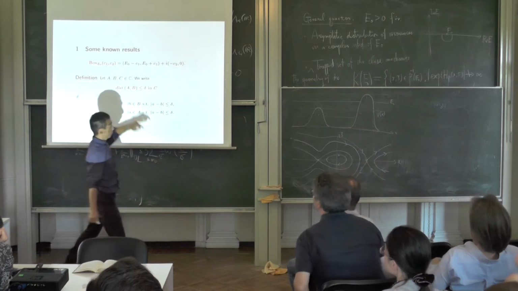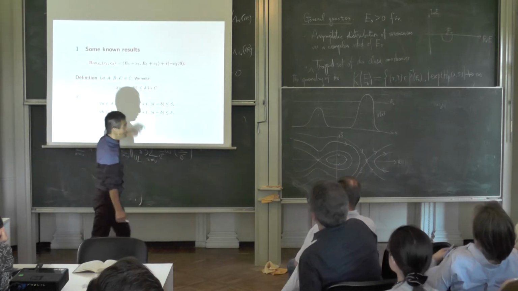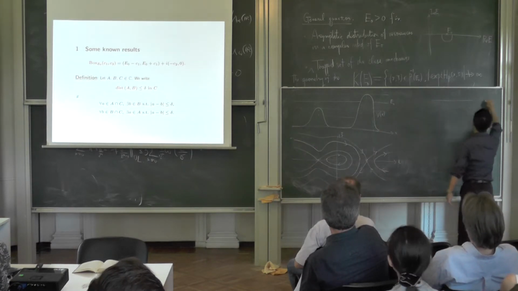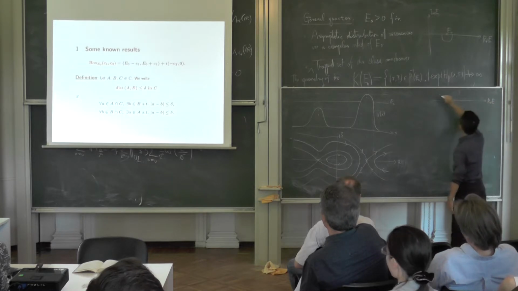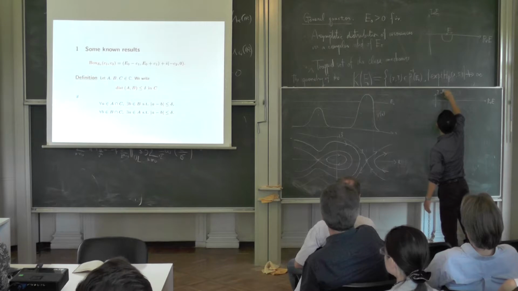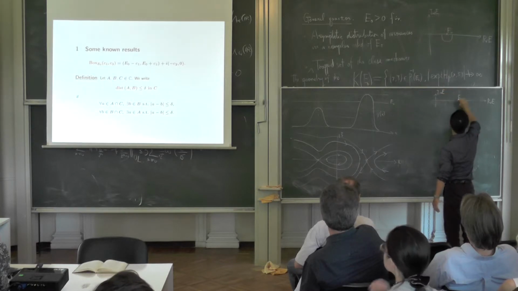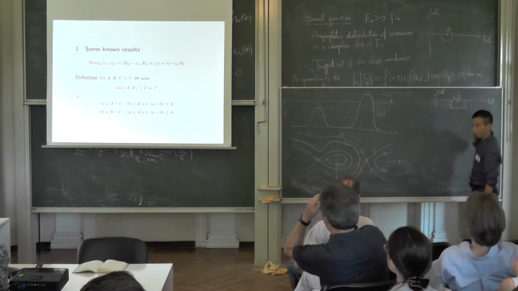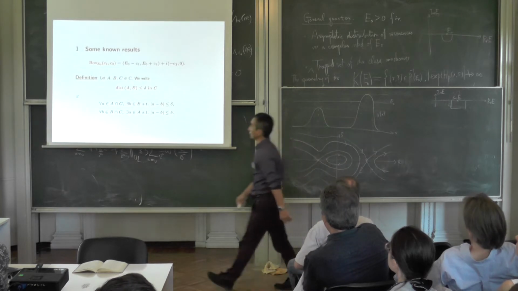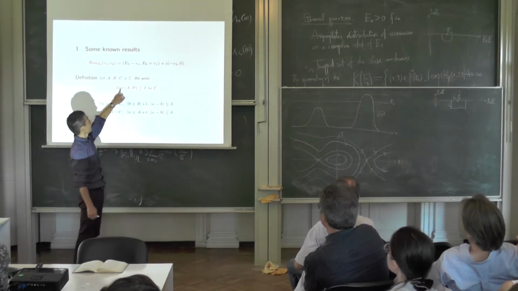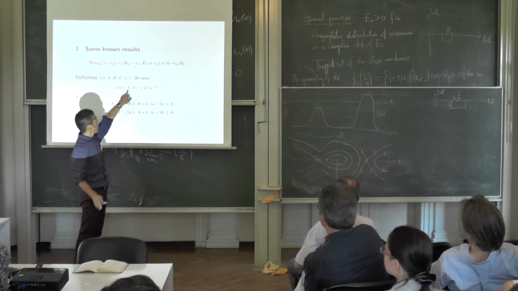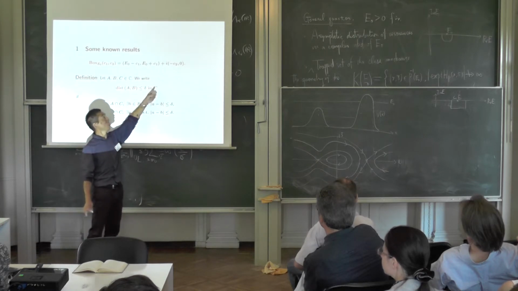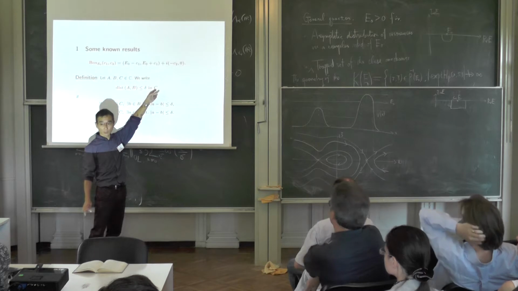If I write D(E0, C1, C2), this is a neighborhood of E0 in the complex plane, with center E0 and a rectangle like that, where this is C1 and this is C2. And sometimes I will say that the set A and the set B in the complex plane are close with distance delta, when restricted to this neighborhood, in the following sense.